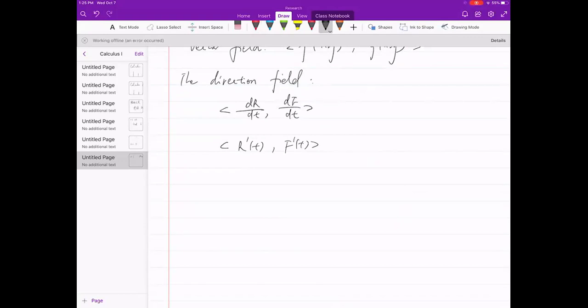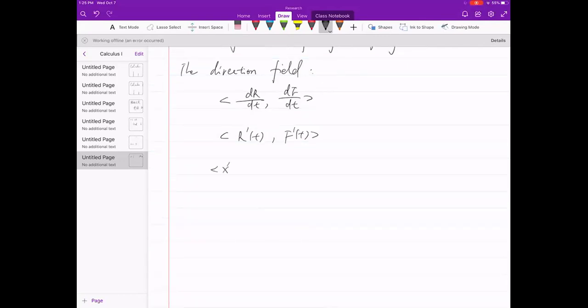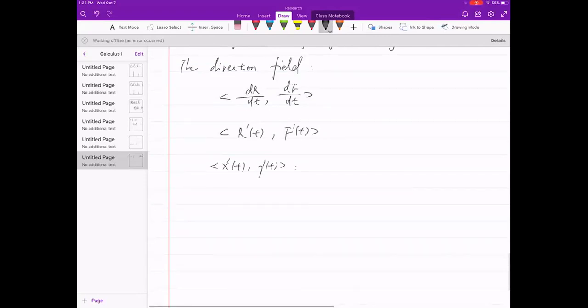Does it look like something similar in calculus 3, where you didn't use R and F, you used x prime and y prime? What is that? Now, if you think about it, this is actually the tangent direction, the tangent vector to the xy curve.